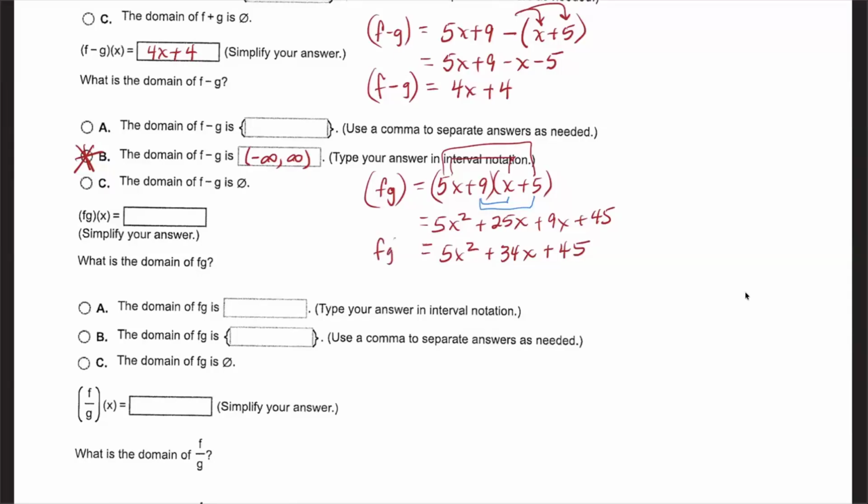That's what F times G is. 5x squared plus 34x plus 45. But once again, for the domain, because this function we just created is a polynomial, this one will have a domain from negative to positive infinity as well.